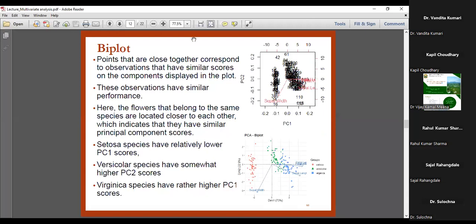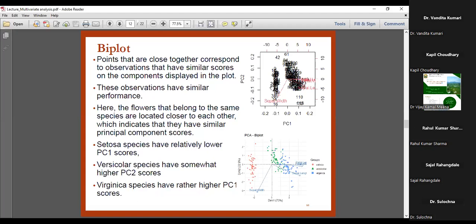Okay, so let's see how the biplot can be interpreted. In the biplot we obtain, we find that many points are closer to each other. Each point is the value of an observation.